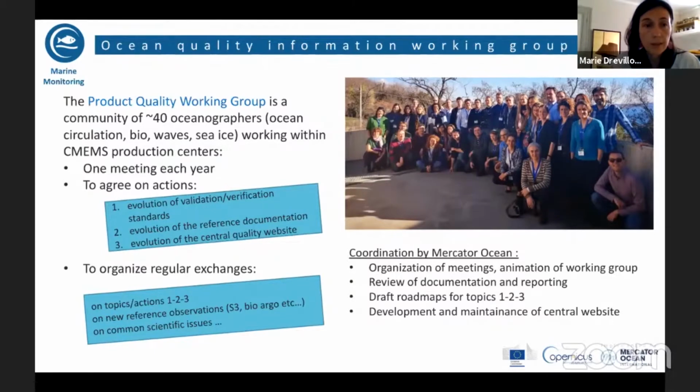We are discussing the reference documentation and the central quality website that we are developing. And also we organize regular exchanges on these topics, but also the new reference observations that are coming in, the scientific issues that we have in common. And this group is coordinated also by Mercator Ocean.